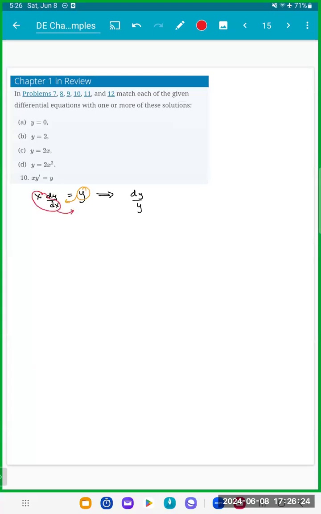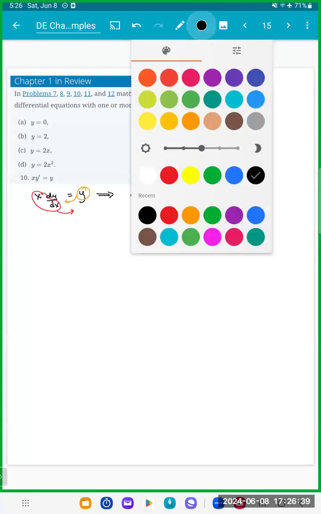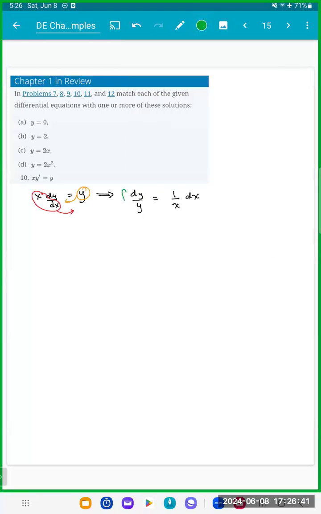So we want to get our y and dy on the same side and our x and dx on the same side. That gives me dy over y is equal to 1 over x dx. We want to do our integration here, so we're going to take the integral of both sides.